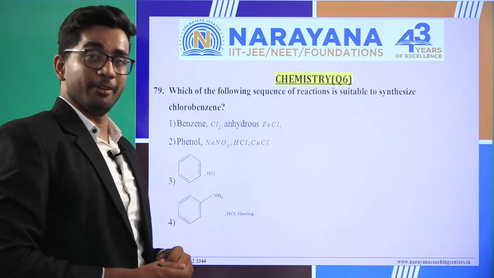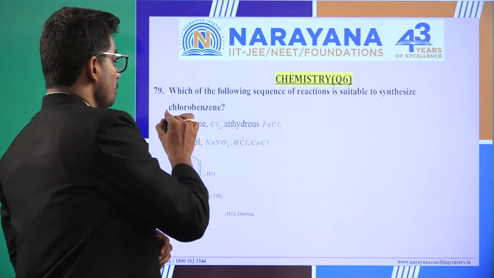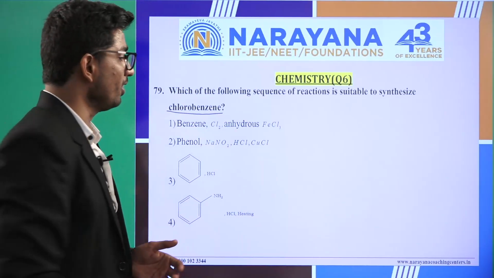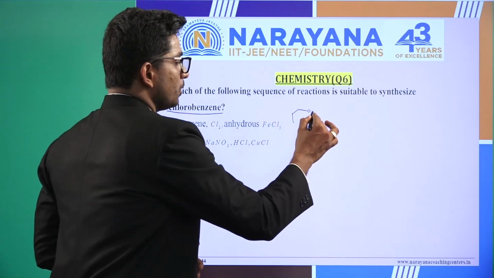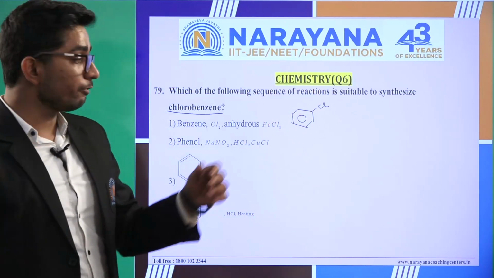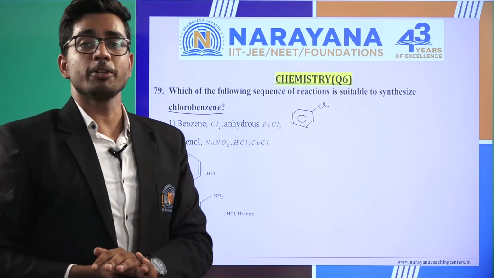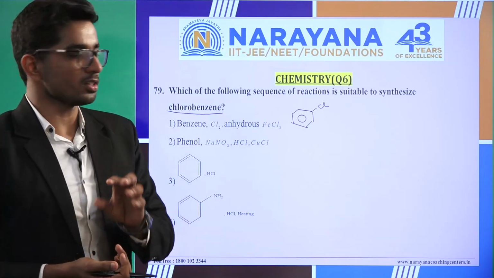79. Which of the following sequence of reactions is suitable to synthesize chlorobenzene? First of all, you should know what a chlorobenzene molecule is. It is just this. So you have to prepare this, and we have different methods. Let's check out which one is the correct one, which one is the most appropriate one.